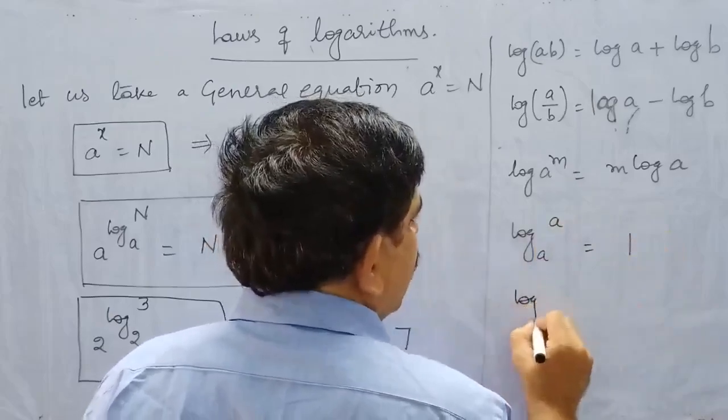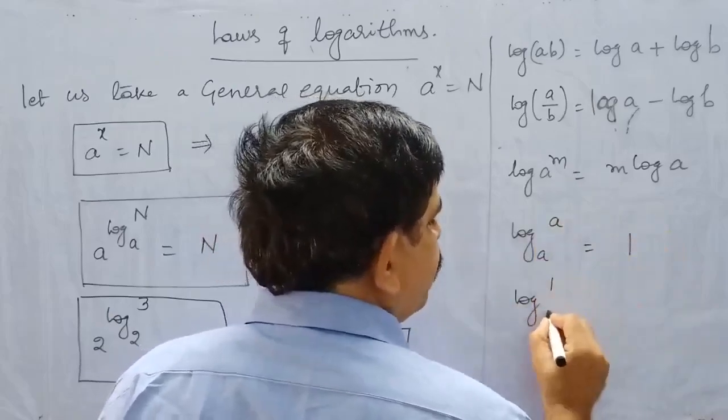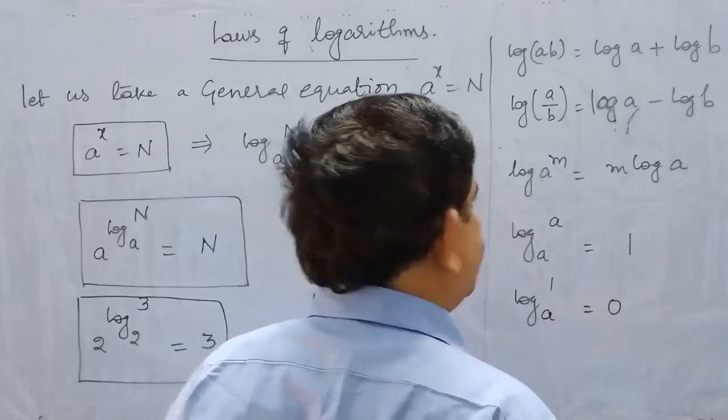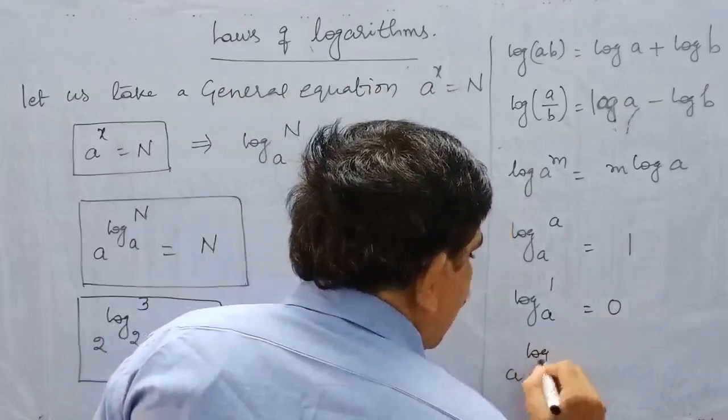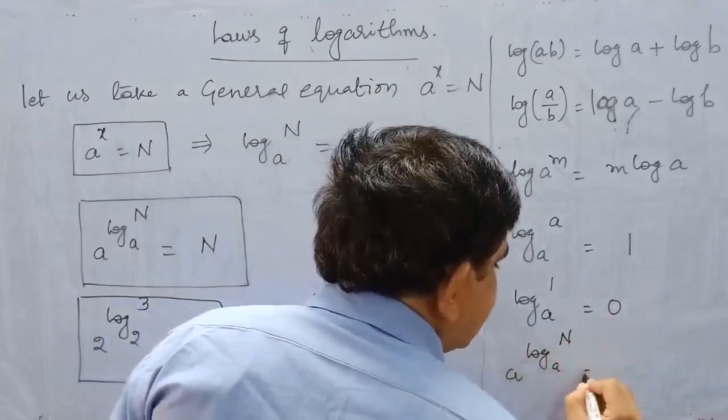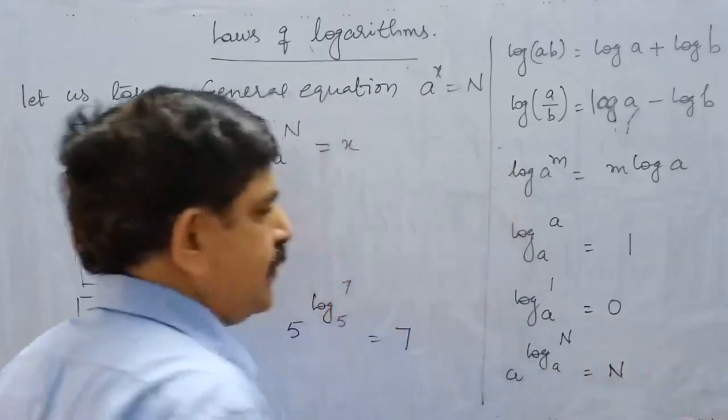Next one, log 1 base A is equal to 0. Next, A to the power of log n base A is equal to n.